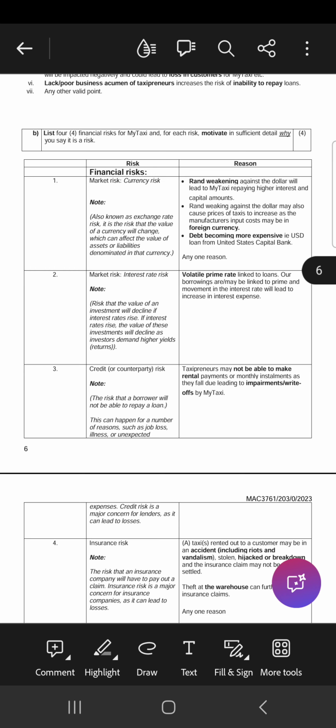So that's a risk that will pop up. And what gives rise to that? The fact that you are selling on credit or that you are providing finance. Why is this a risk? That's where the reason comes in, because the borrower, in this case the taxipreneur, may not be able to meet the installments and may not be able to pay these.